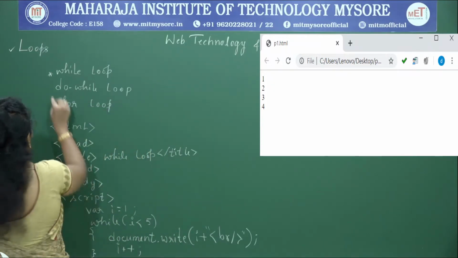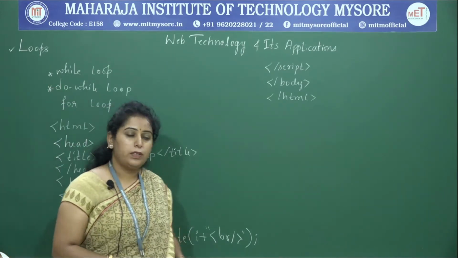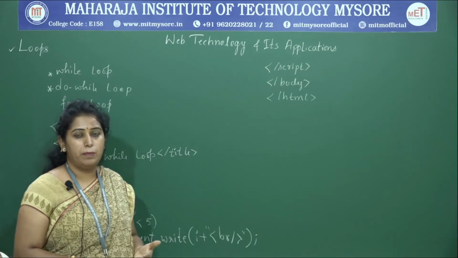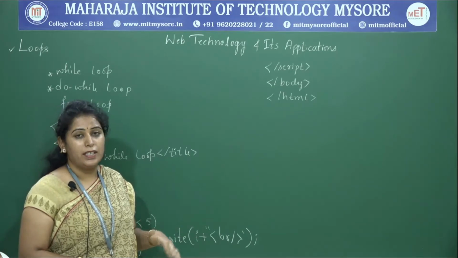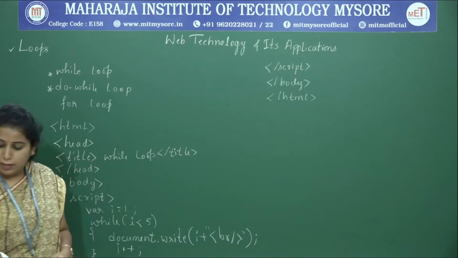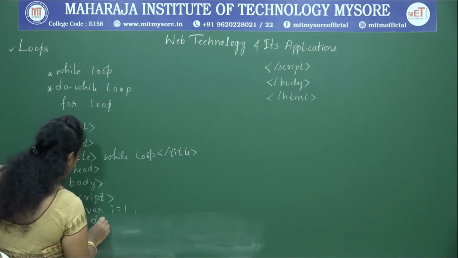Next I am going to discuss the do while loop. A do while loop is also a type of loop which is going to execute a set of statements repeatedly until the condition is satisfied. Same program, let me modify and show. I have to use the keyword do.